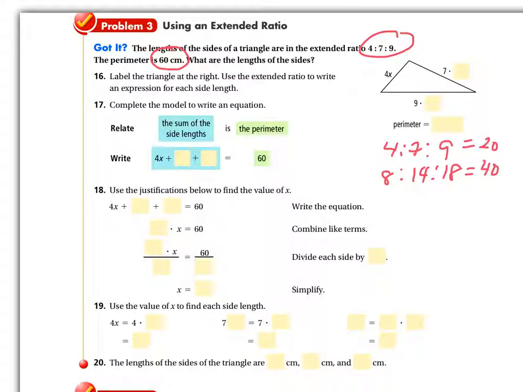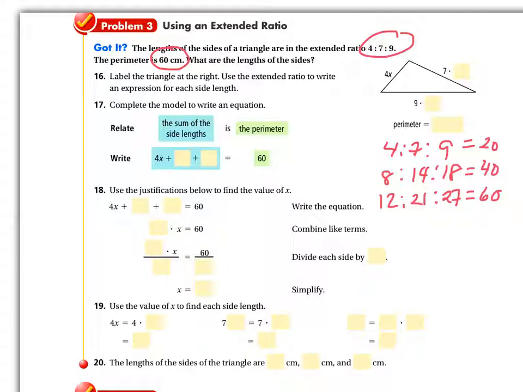I mean, I could keep doing this all day long. I propose that what's going to happen the next time. Yeah, so then take 4, multiply it by 3. 4 times 3 is 12. 7 times 3 is 21. 9 times 3 is 27. What is 21 and 27? 48 plus 12? 60.